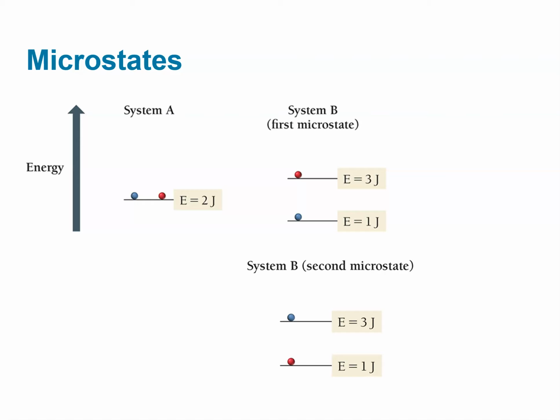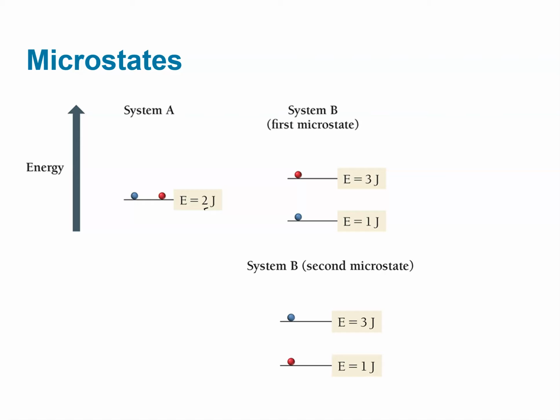In this particular system, we have energy on the y-axis, and notice we have an energy of 2 joules where both particles, the red particle and the blue particle, are on the same energy level.